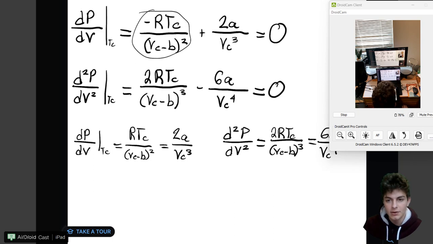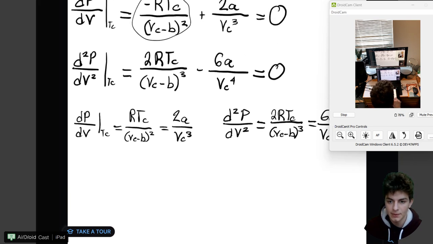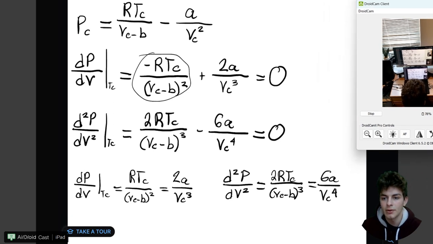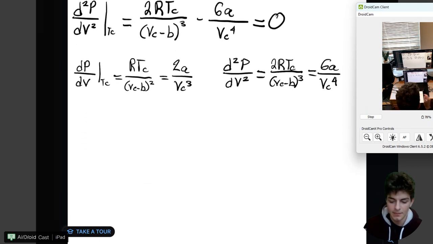Now, realizing all of these are equal, we can go ahead and multiply our two equations by the inverses of each other. Let me explain that a little bit better. So, I'm going to take the inverse of the second derivative equation. Fortunately, it looks like my second camera angle may be blocking that out a little bit, so I'm going to scoot that over. There we go.